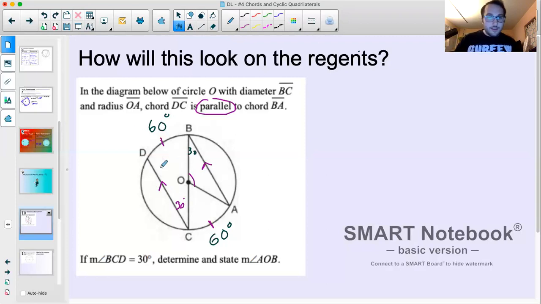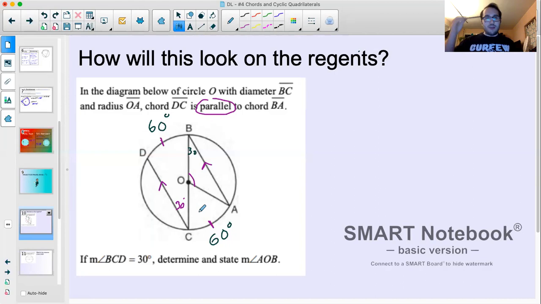Well, outline the parallel lines and the transversal. The parallel lines create a Z, and we know that the angles within the Z are congruent. Now, I'm realizing that actually we didn't need angle B. We can do this even faster.